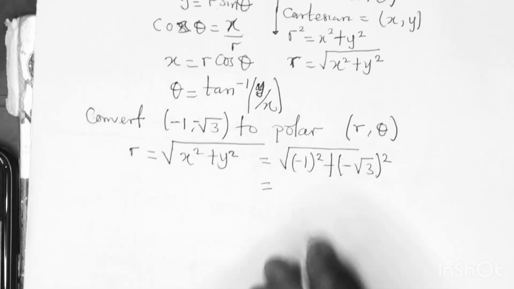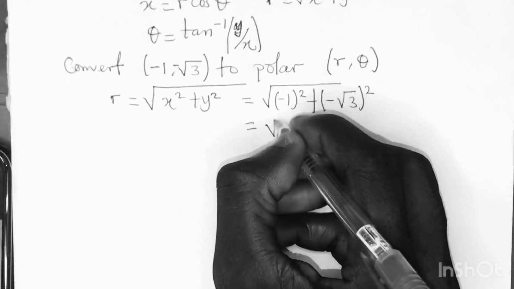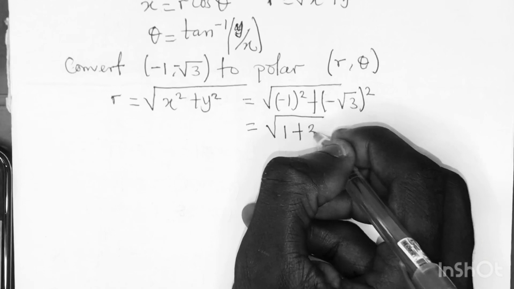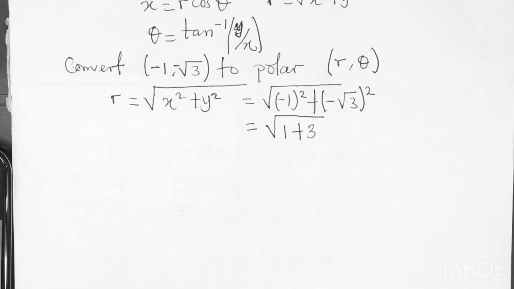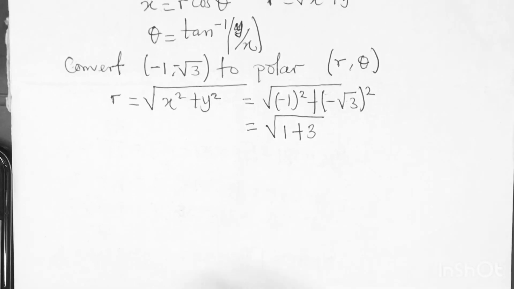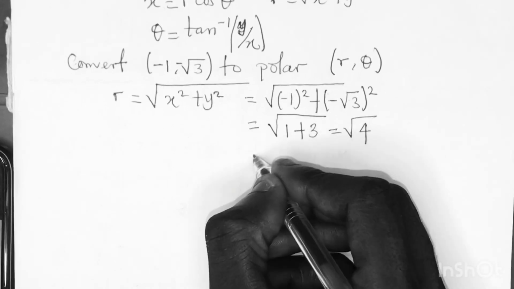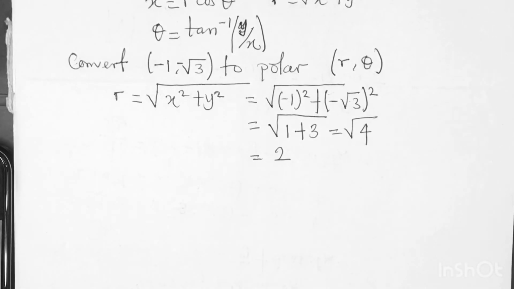Minus 1 squared will give us 1, and this will give us 3 because root will cancel root. Are you getting that now? 1 plus 3 is going to give us 4, and then my r is going to be 2. So my r is 2.